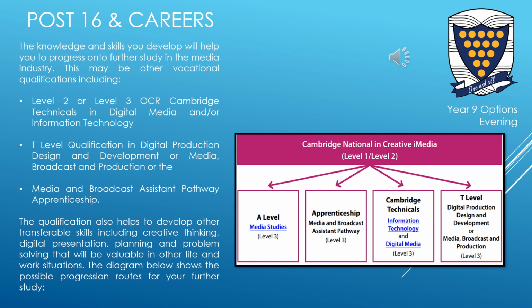The Cambridge Technicals are the natural progression from the Cambridge Nationals, which is what this course is. And then finally the T-level qualification at the end there. So there's plenty to choose from, and if it's something that sparked your interest, you really like it, and you want to go on to develop it further, then certainly there are options out there for you.